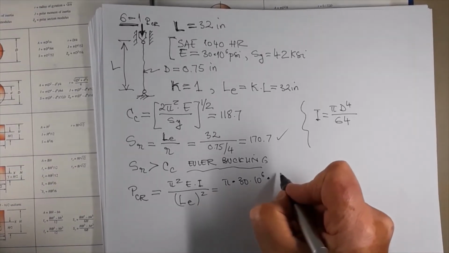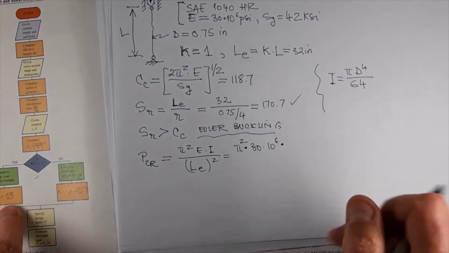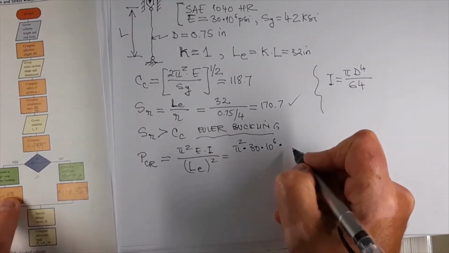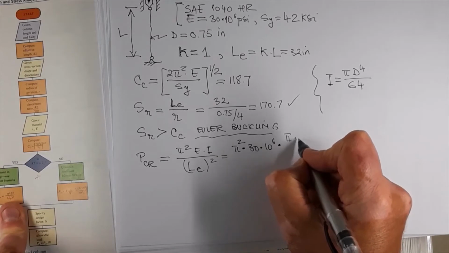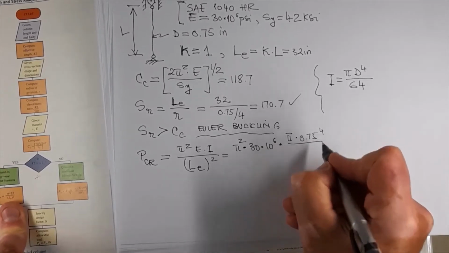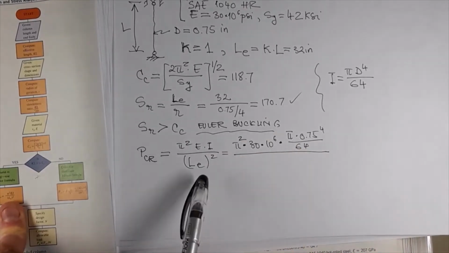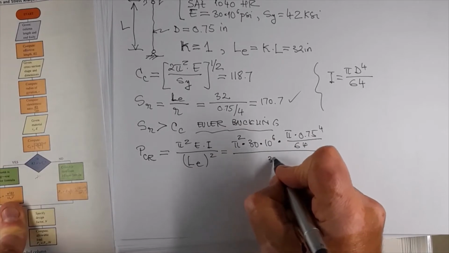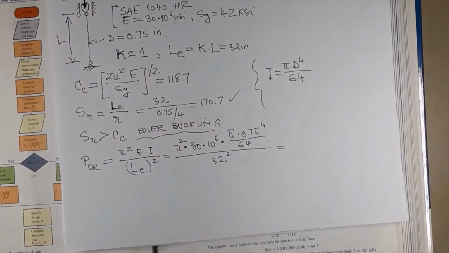So again, pi, and this was squared. Almost missed it. So pi Young's modulus, and then pi again. Diameter is 0.75 to the power 4 over 64 over effective length is 32 inches, and this gets squared. Okay, so let's see.